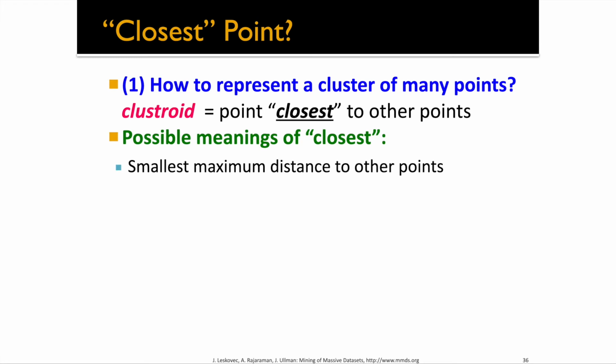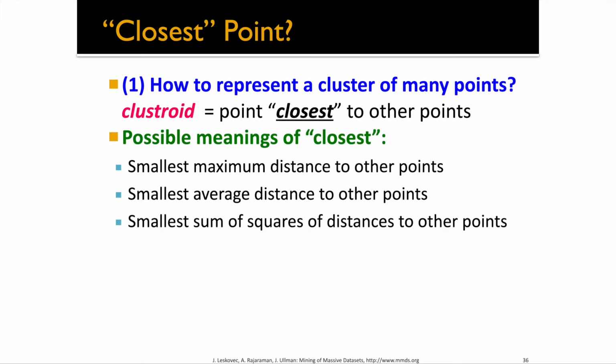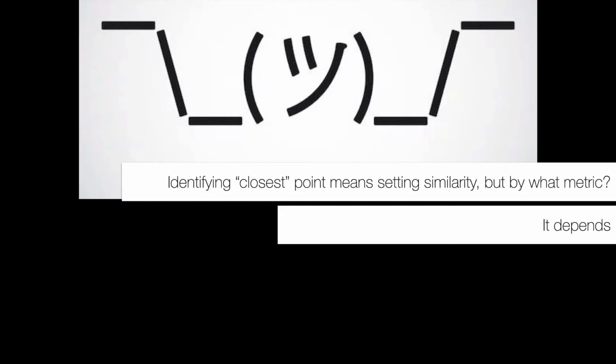One method is you look at the clustroid and its distance to all other points in the cluster, and you want to minimize the maximum distance. No individual point should be very far away from the clustroid. Or alternatively, you could say, well, the overall average distance among all other points in the cluster to the clustroid should be low. Or you can do the sum of squares or some other weighting mechanic, but critically, you need to define or determine what you want to use as your closest metric, sort of based on your context.